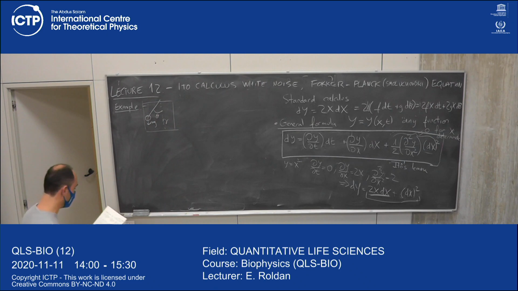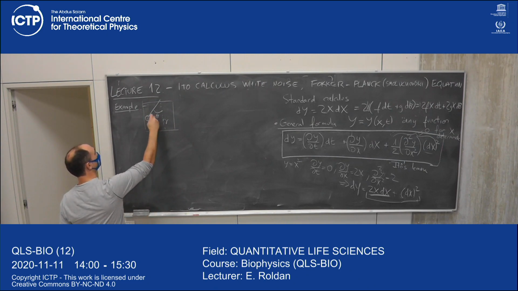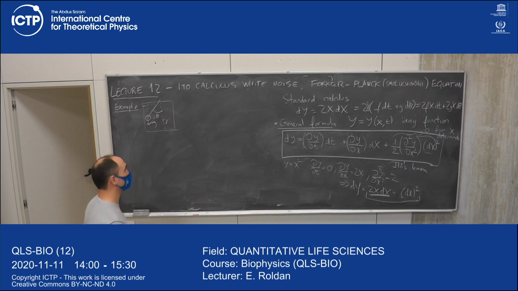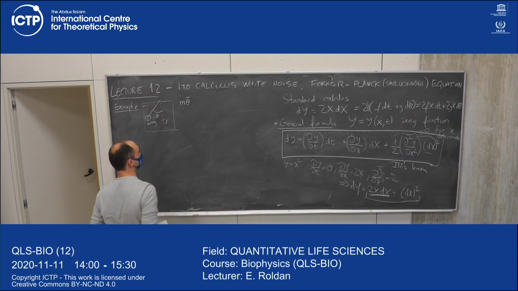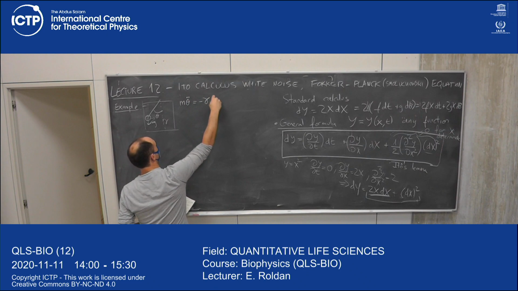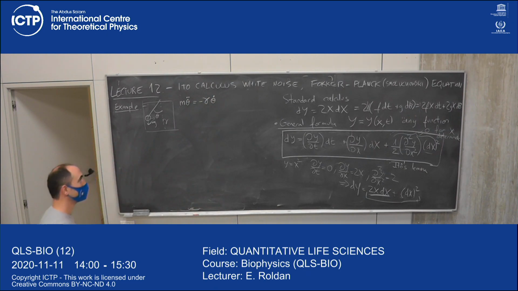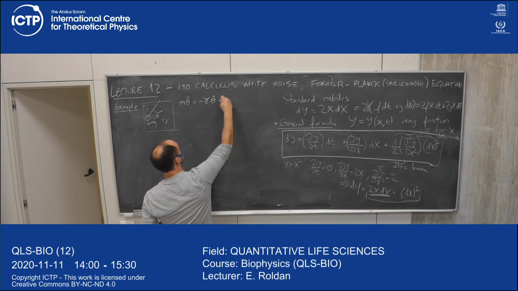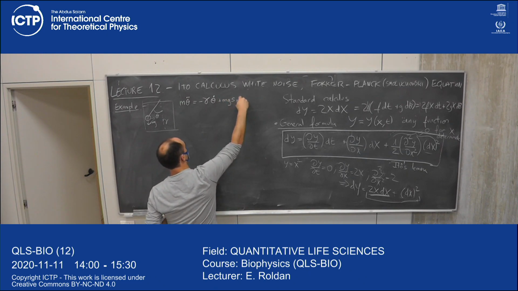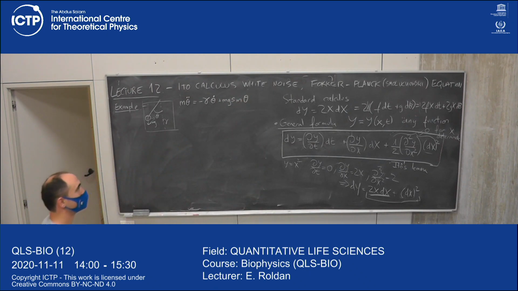Then one will have an equation of motion: mass times acceleration equals the friction times the velocity, plus the projection of the gravitational force along x, which is mg sine theta. This is the equation of a pendulum, which you can see in classical mechanics.